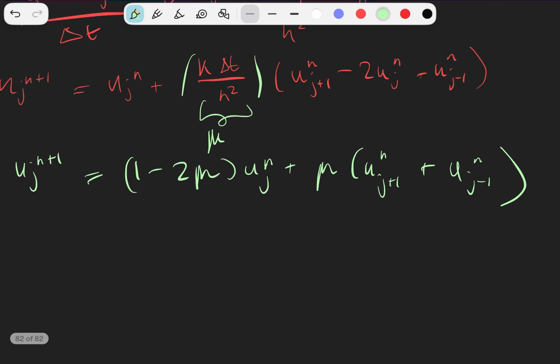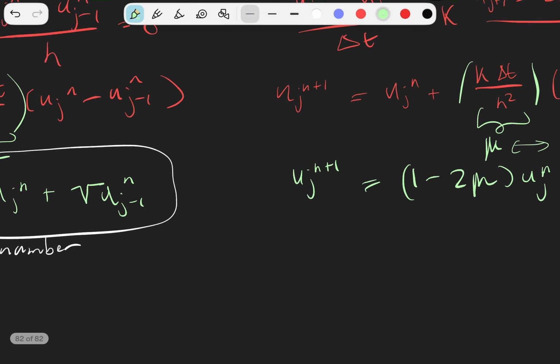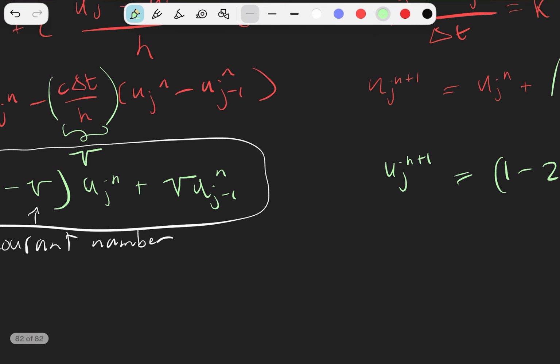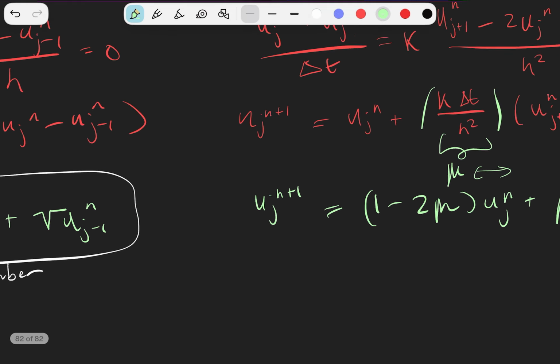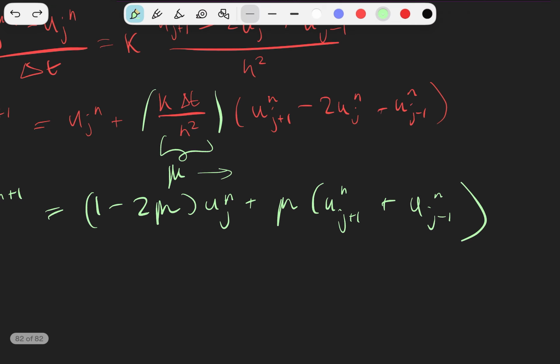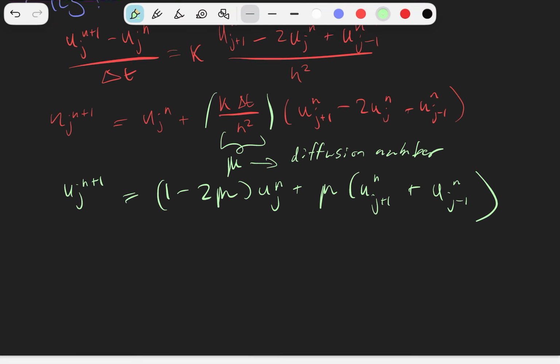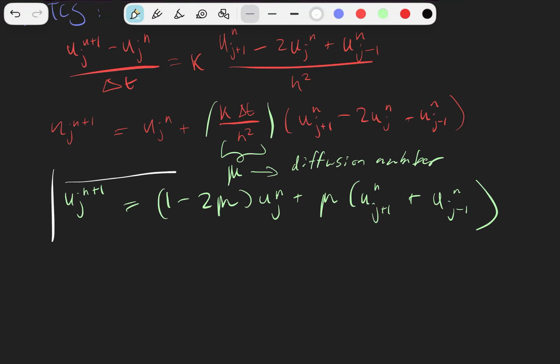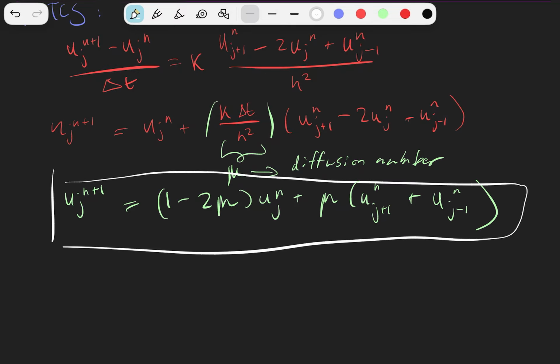And this mu is not called a Courant number, because you're just averaging over stuff. So it's not really that important, but I think it's called the diffusion number. And that's great. That is perfect.